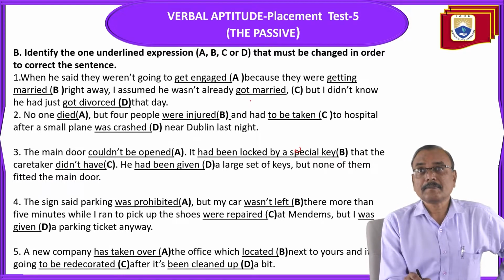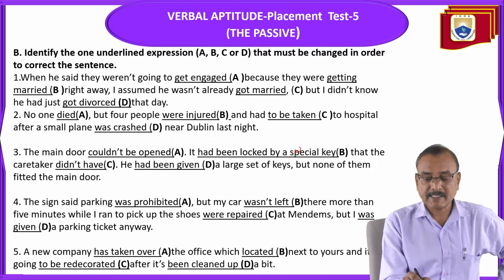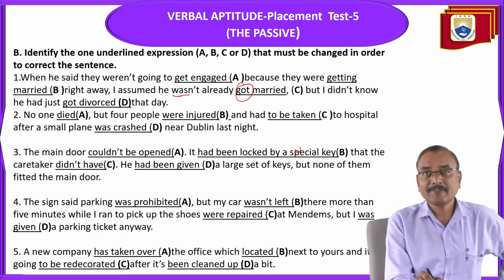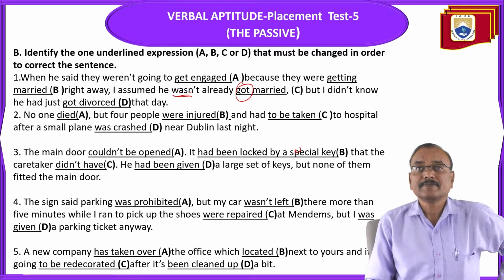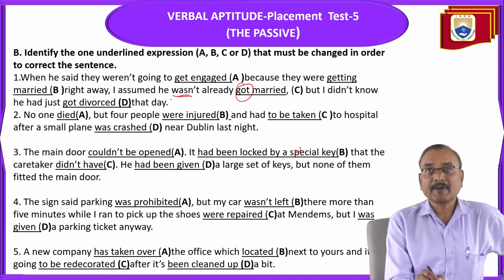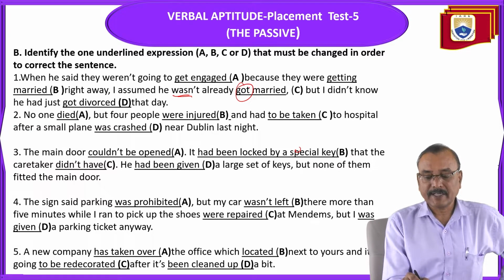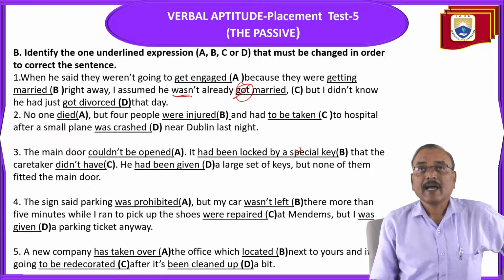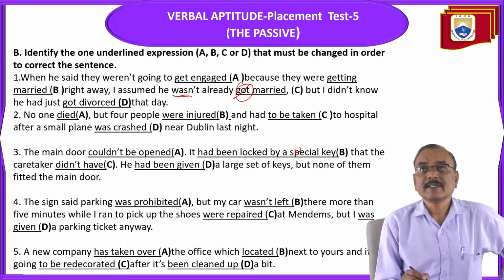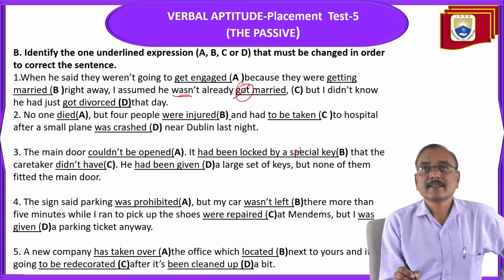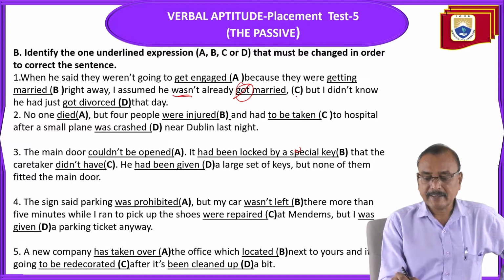"Got married" is passive here. But when it is passive, again there is no need of a "got". When there is a passive helping verb, there is no need of "got". I assumed he wasn't already married. So correction is needed at this place.